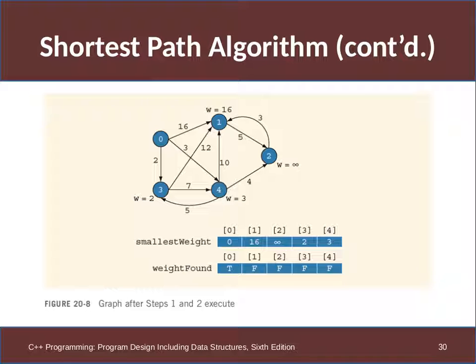But to get to 3 costs 2, which means your total weight would be 2 plus 12. Therefore, the weight over here to 1 would change to a 14, because going to 3 has a cost of 2, and you're adding the extra cost of going to 1, which is 12, which is less than 16, so you would update it. Can you go to 2 from 3? No. You're already at 3, so it doesn't matter. And going to 4 would add another 7, which is not worth it because 3 is already lower.